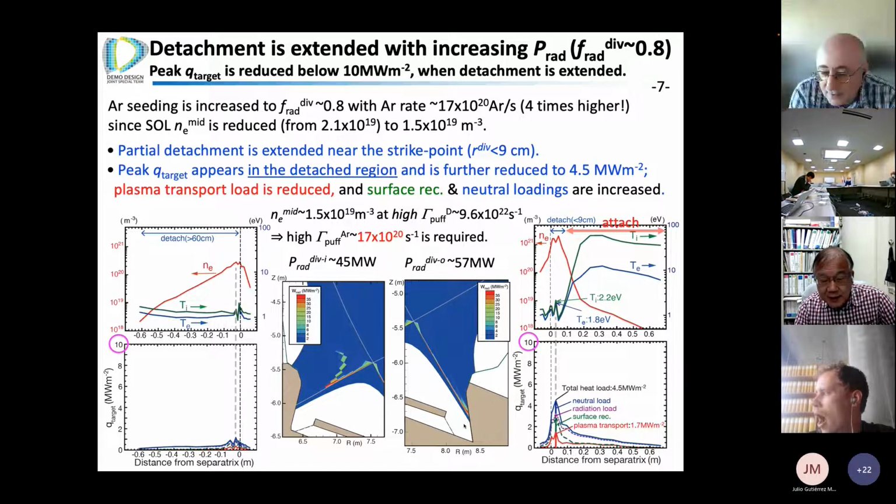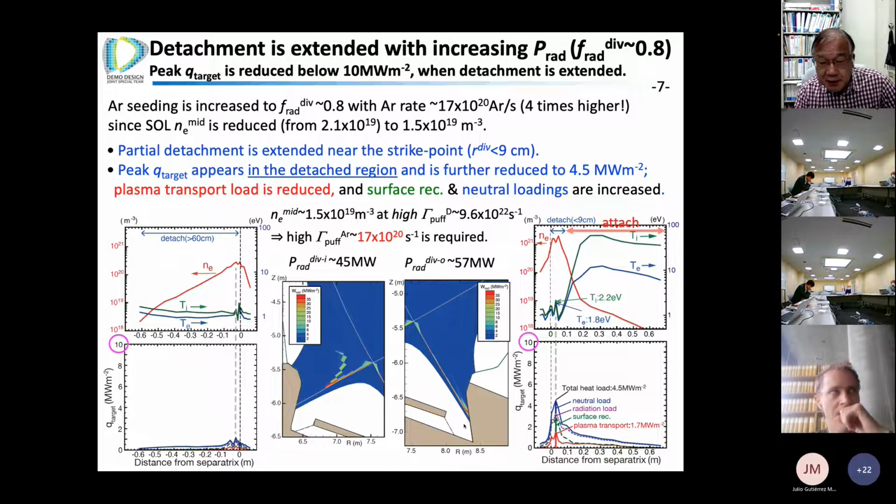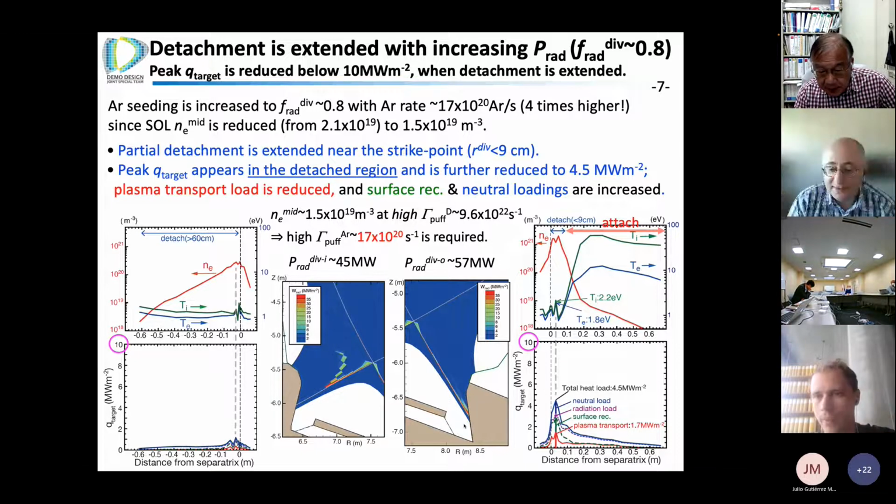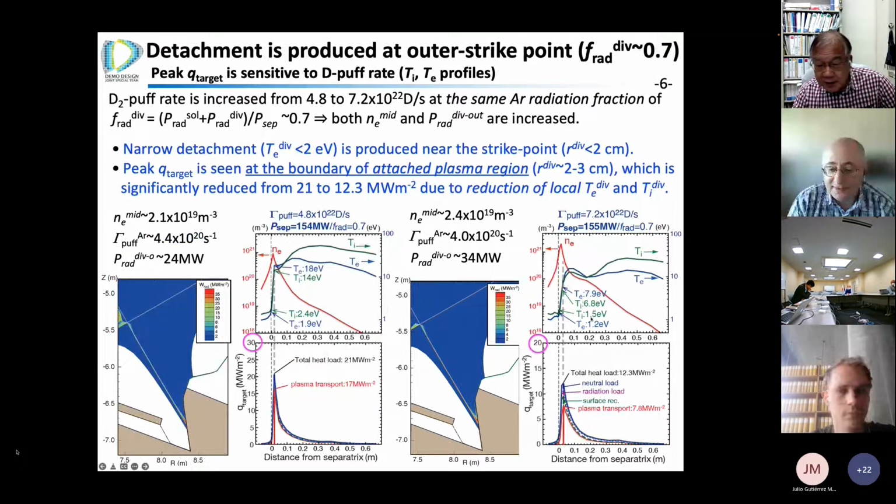Okay. First, the question on charge exchange. As you mentioned, in the attached regions we can calculate the neutral load, but in this case it is very small, so there is no problem with the evaluation because the plasma transport component is more dominant.